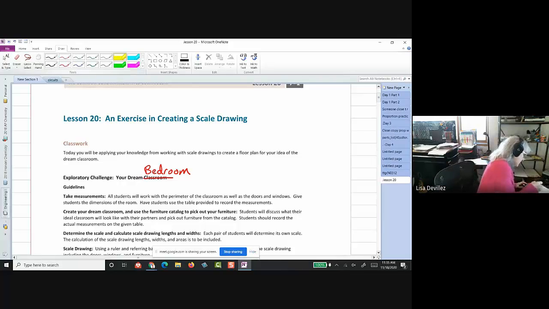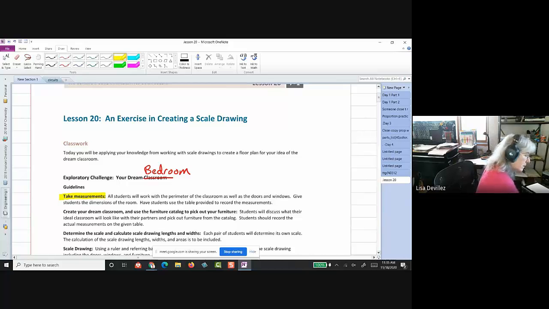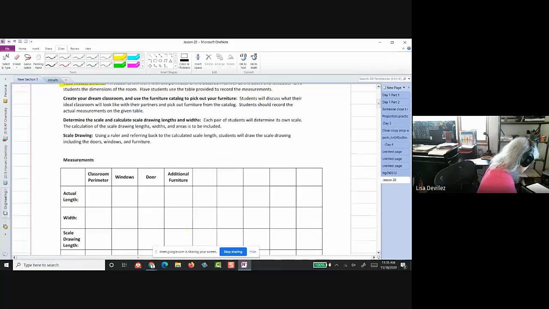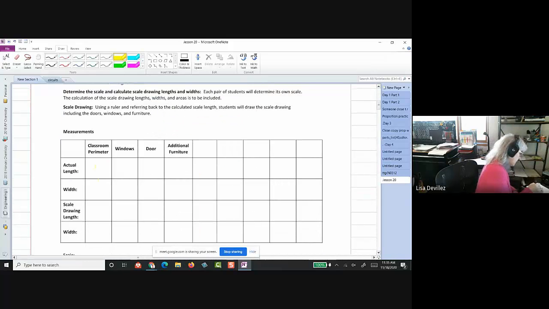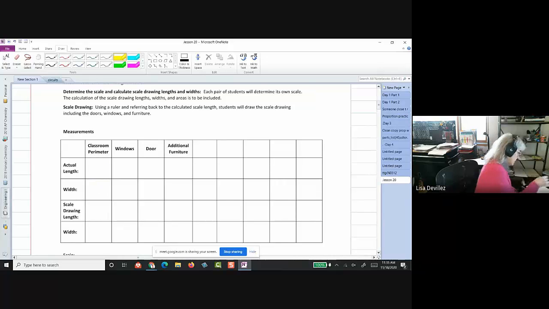You're going to make measurements of your bedroom, so do the perimeter of it, and you'll record your measurements in this table here. This will be the length and the width of the bedroom, and then the same thing for the windows, the door, and then the furniture.